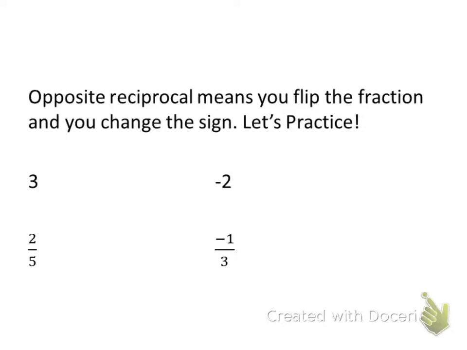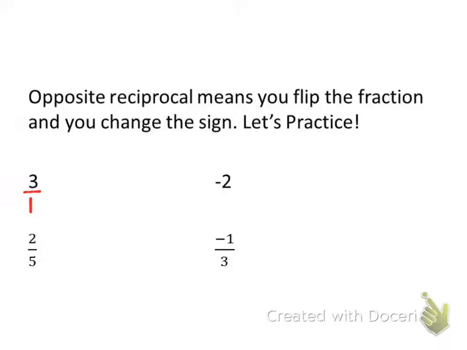Okay, so the first thing we want to do to find the opposite reciprocal is you have to start with a fraction. So the number 3, if I wanted to write that as a fraction, what would it look like? 3 over 1. I want to write the number 3 as a fraction. Any whole number can be written as a fraction by putting a 1 under it.